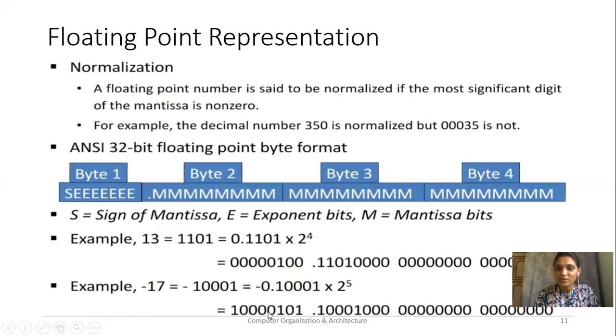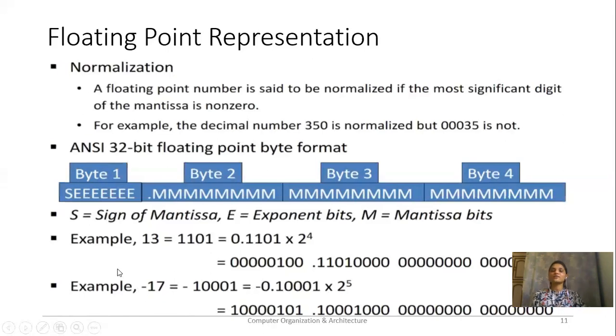Then the rest of the 7 bits will represent the exponent. This exponent is plus 5, so we represent 5 in 7 bits, that is 4 zeros and 101. So this is the floating point representation of minus 17.